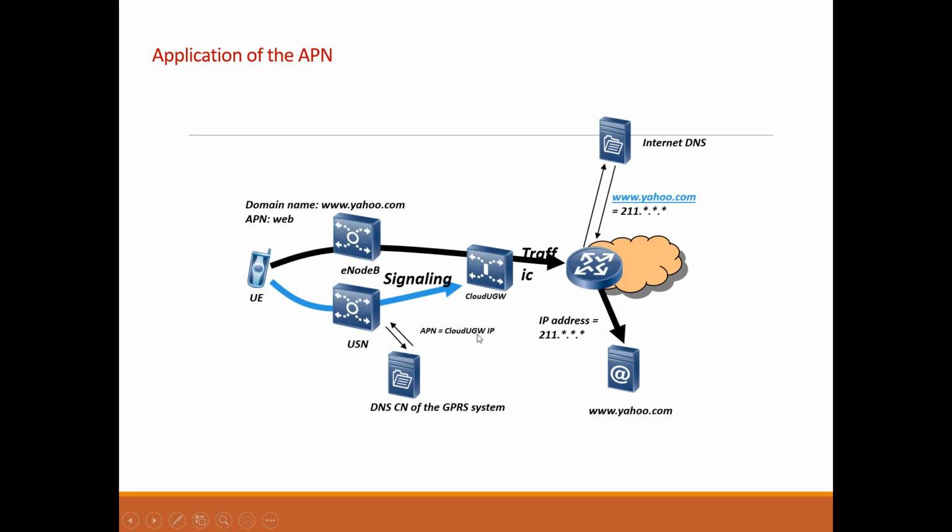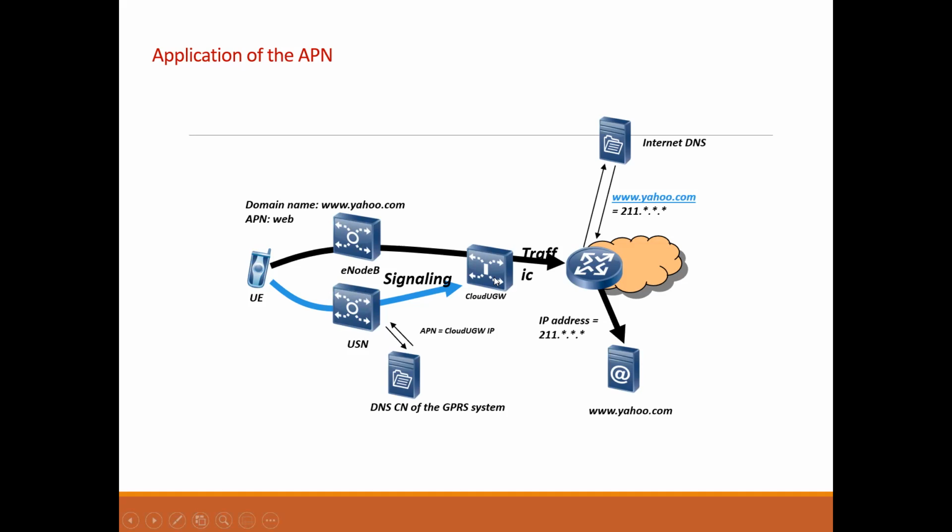You need to keep a separate GGSN maybe for your internet traffic, a different GGSN that is serving your IMS traffic, and so on and so forth. So for that perspective, you need to define in your DNS, or in the IPv4 host, your local host of your USN, which GGSN is handling this APN, so that when your request comes, the routing from a USN is directly done towards that specific GGSN that is handling that traffic.